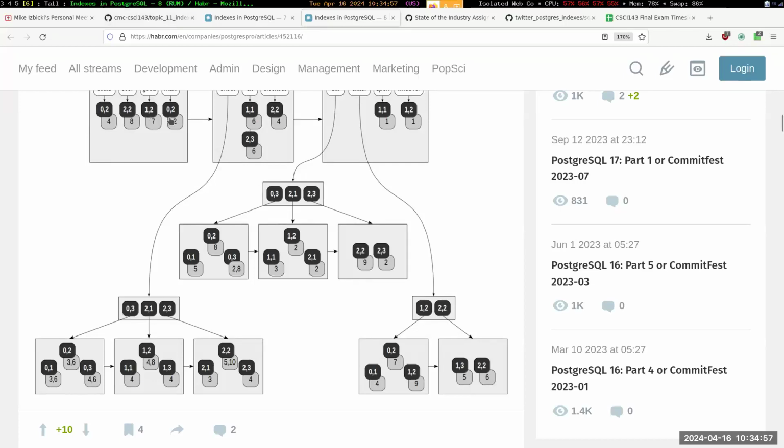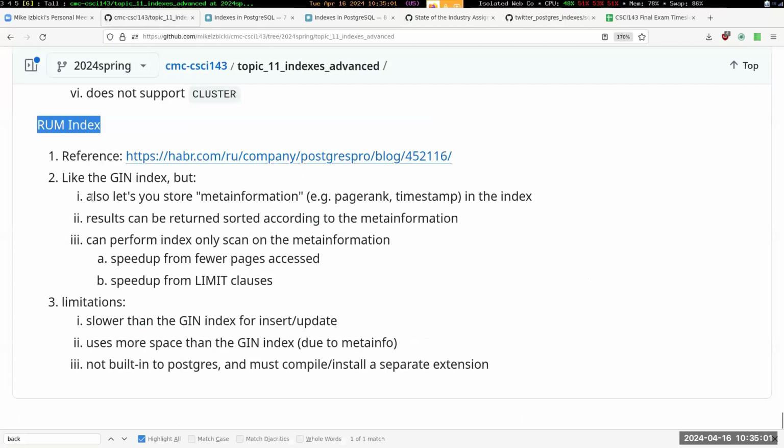Because of this extra additional information, the RUM index allows an index-only scan and an index scan. This allows you to return the information in sorted order according to whatever your meta information is up here, without doing any extra sorting operations.